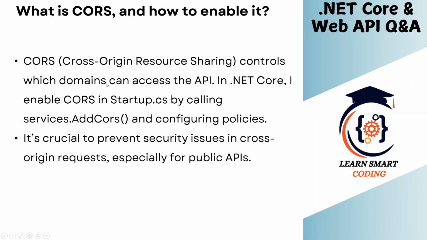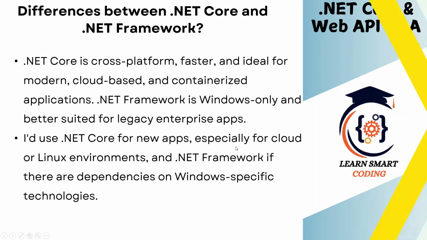Alright, so now you know what CORS is and how to enable it. What is the difference between .NET Core and .NET Framework? It's a very old question. Basically, .NET Framework is very much Windows dependent. .NET Framework applications are mainly legacy applications meant only to run on Windows servers.